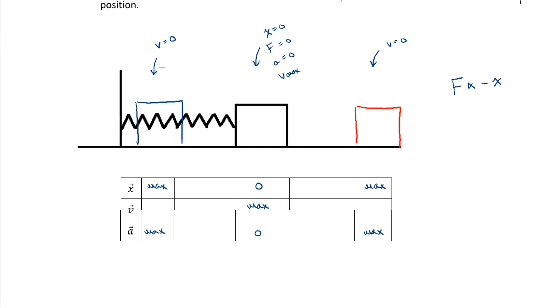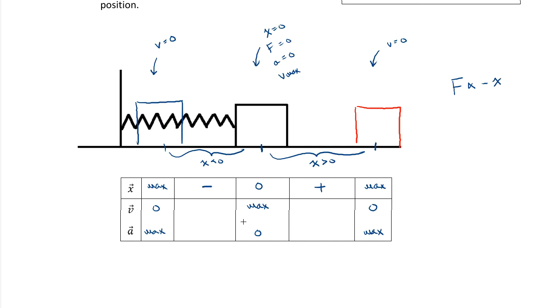Now, at the edges, we said the velocity must be 0 because it's turning around. And if we define right as positive and left as negative, then the displacement is positive everywhere over here. If this is the equilibrium position, I'll mark the middle there. Right over here, displacement is positive, and over here, displacement is negative, and right in the middle displacement is 0.